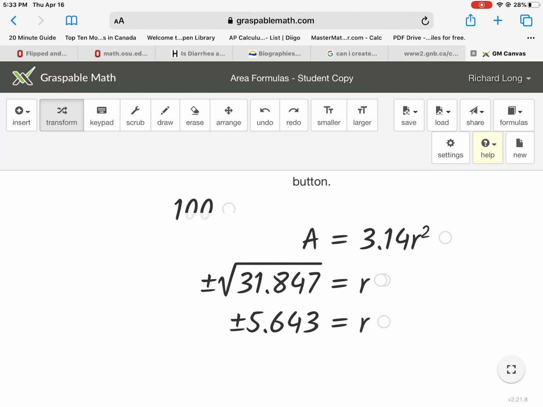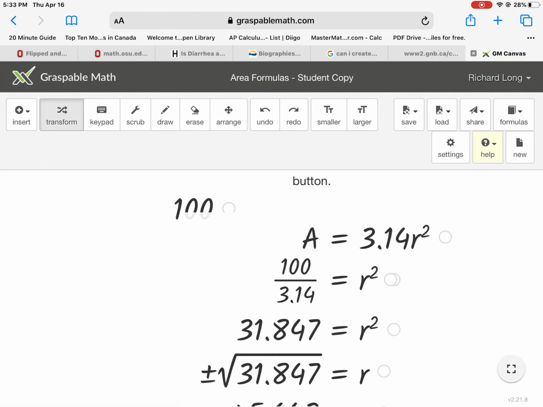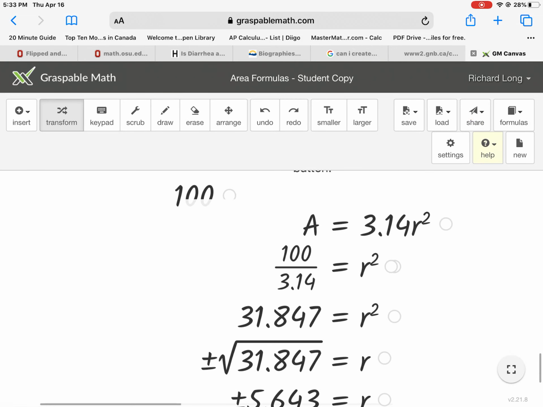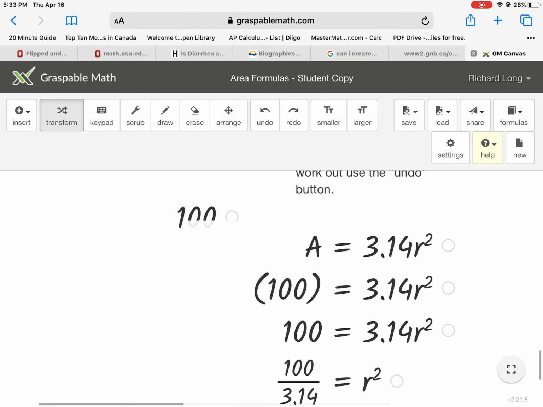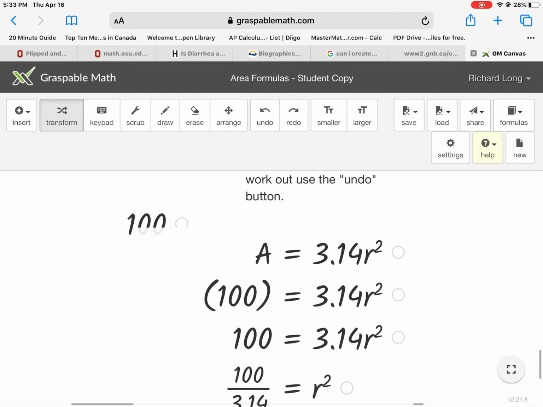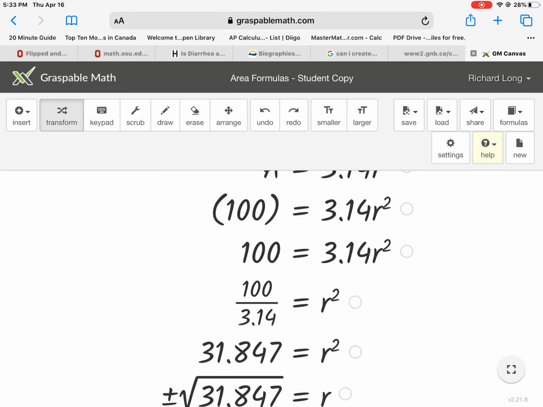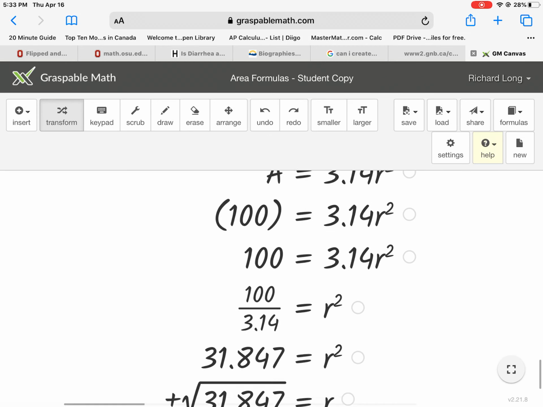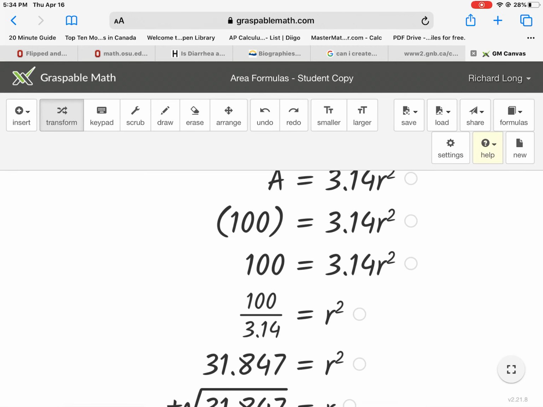Let's go through that again. Okay, so what did I do? Well, the first thing I did is I replaced A with this 100 here. Then right here was 3.14 r squared.